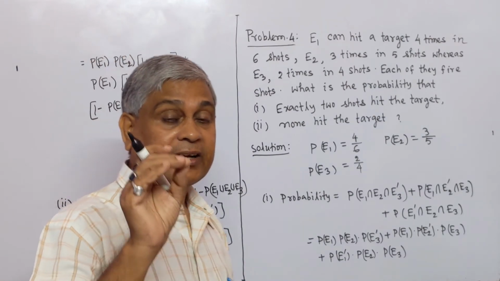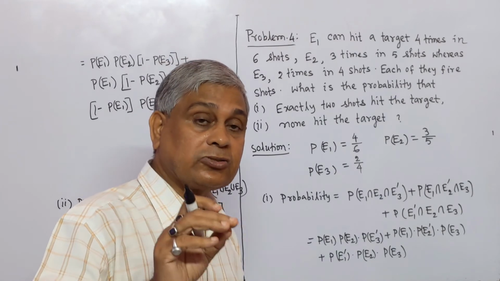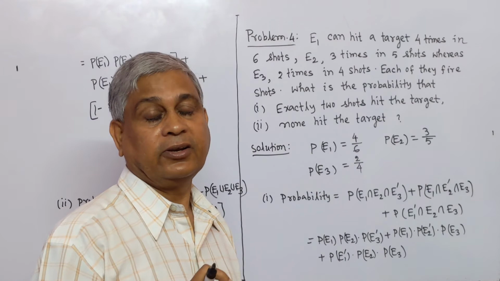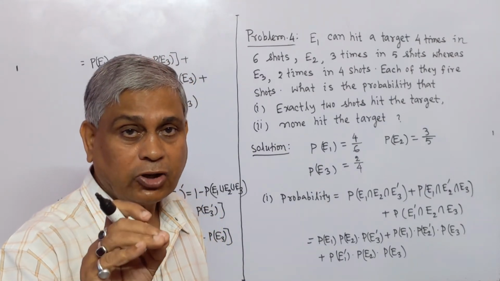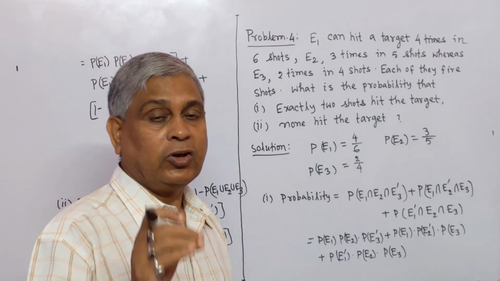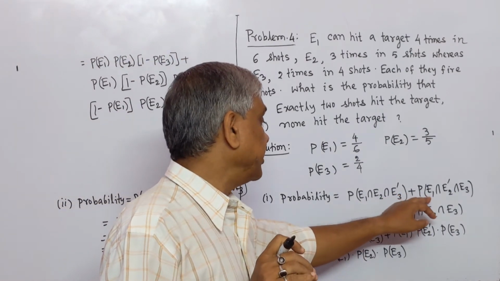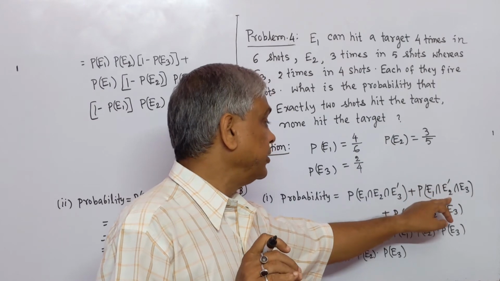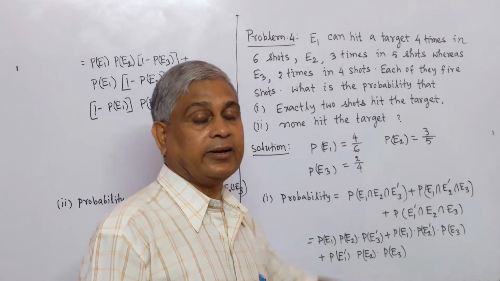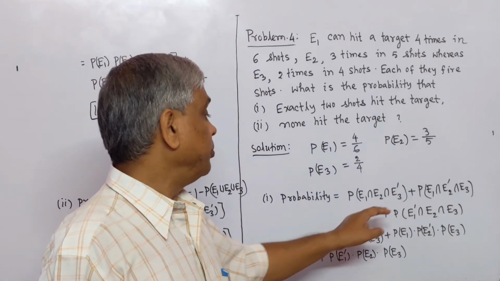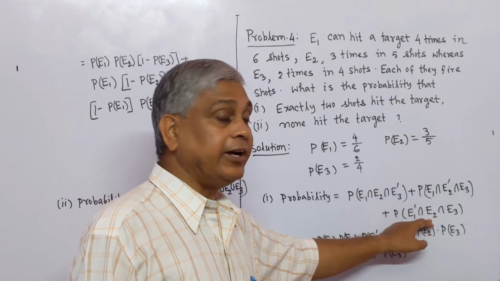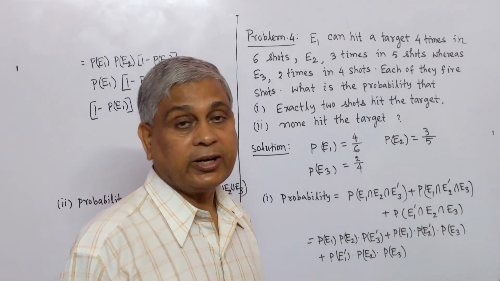Exactly 2 shots hit the target means first shot hits the target, second shot hits the target, and third shot does not hit the target. Or first shot hits the target, second shot does not hit the target, third shot hits the target. Or first shot does not hit the target, second shot hits the target, third shot hits the target.